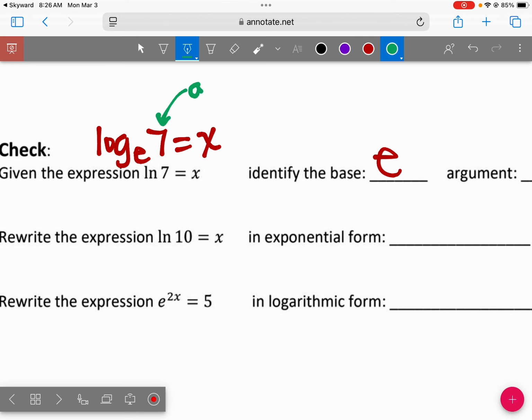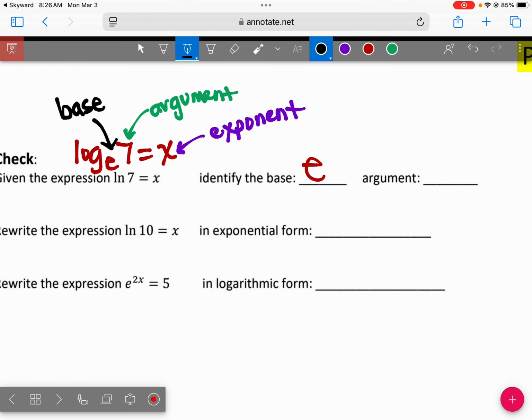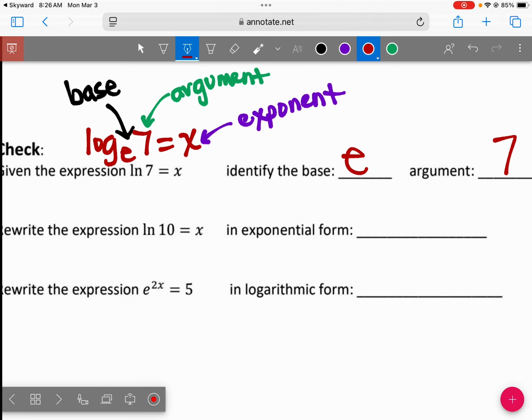This is your argument. This is your exponent. So let's go ahead and identify these components. So your base is e, your argument is 7. All right, so let's go ahead and rewrite the second one in exponential form.